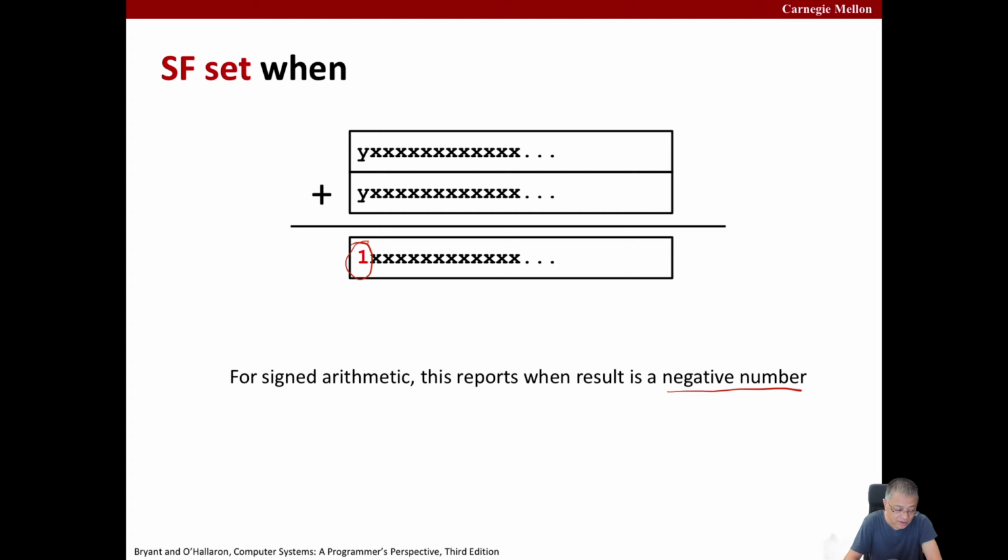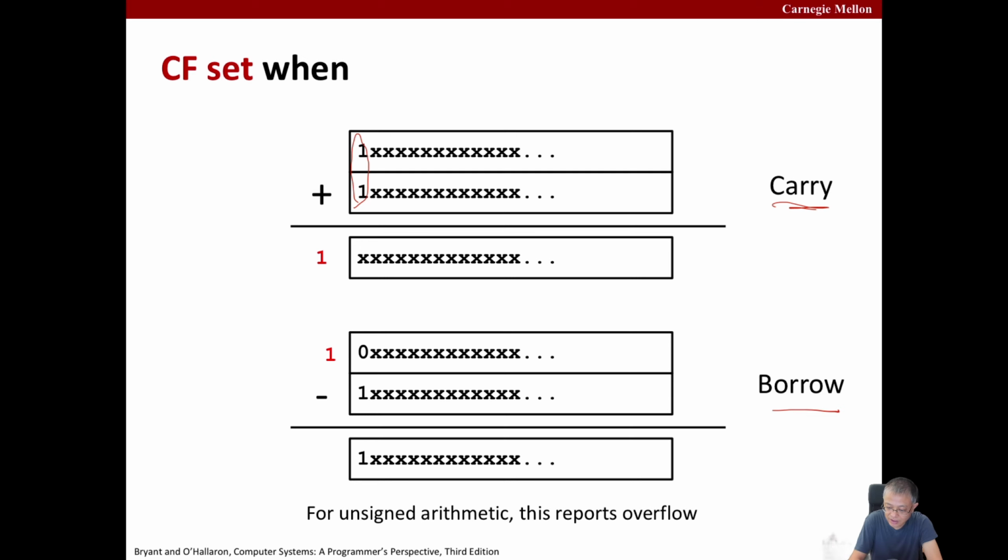The CF is set when we have a carry or a borrow. When we do an addition of two very large numbers, there will be a carry to the higher bit. This bit will be discarded, but the CF bit will be set. It is similar for the borrow.